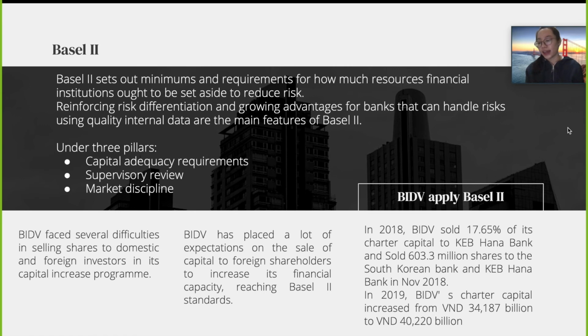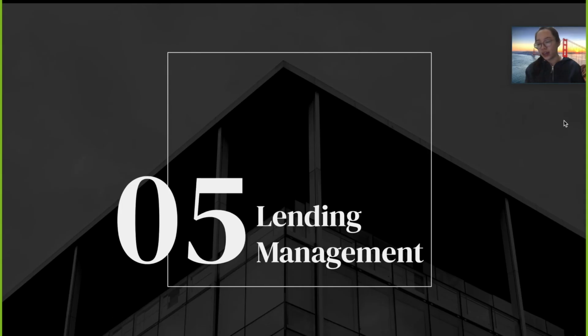Particularly, the bank has faced some obstacles as mentioned on the screen. However, with the durable endeavor of increasing the charter capital, BIDV has completed the first requirement of Basel II in 2019.